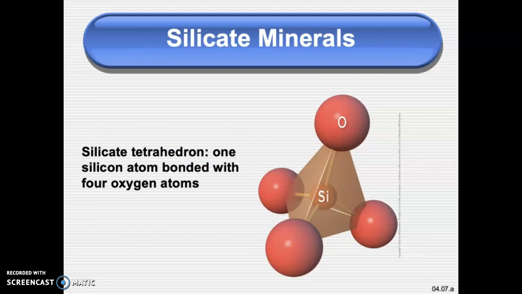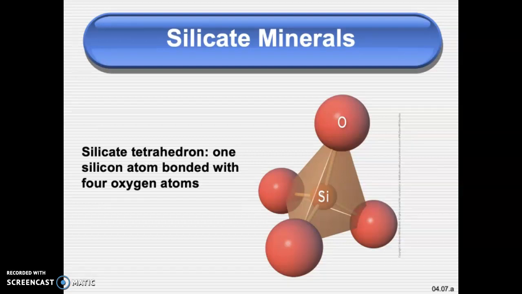The other thing that we want to talk about when we talk about crystalline structure comes to a whole group of minerals that we call the silicate minerals. And so I want to spend a few minutes talking about the silicate minerals. The reason the silicate minerals are so important is because silicon and oxygen are the two most abundant elements in the Earth's crust, which means that most of the rocks and minerals that we find will be made of silicate minerals.